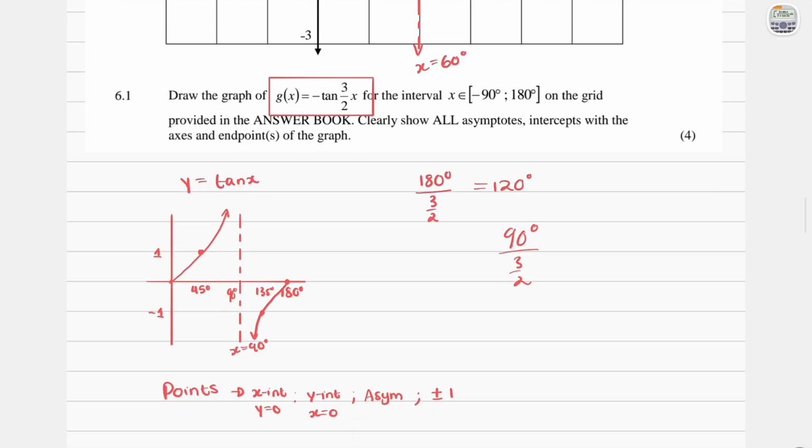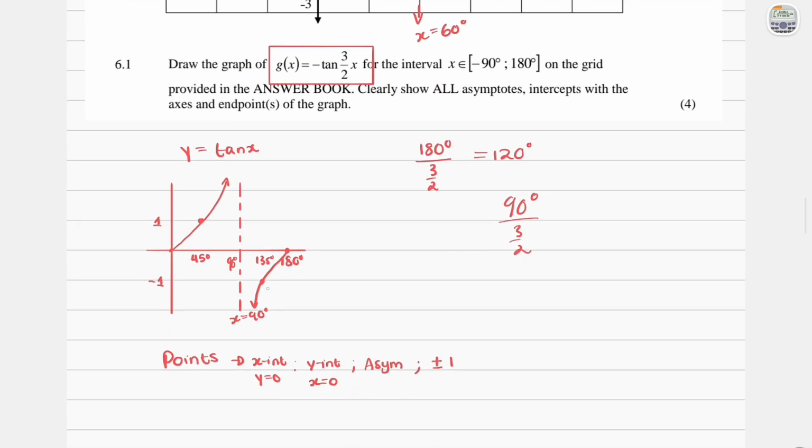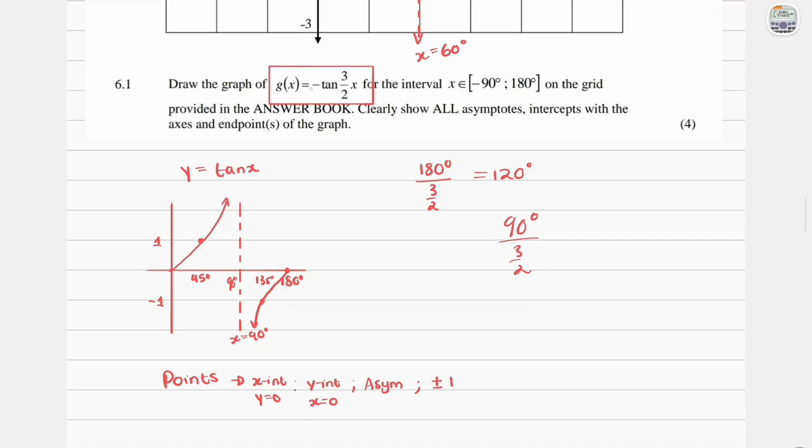And then another important point would be where it has a y value of -1. Now notice we had a negative in front of tan. So this y value of -1 will not be at -1 anymore. It will now be at -1 times that negative, which is going to be +1. So we will have at 135 degrees, we should have a y value of +1.